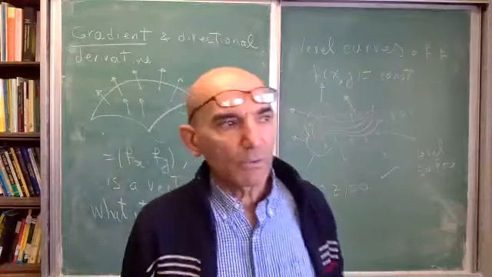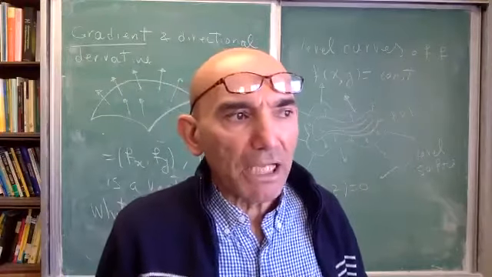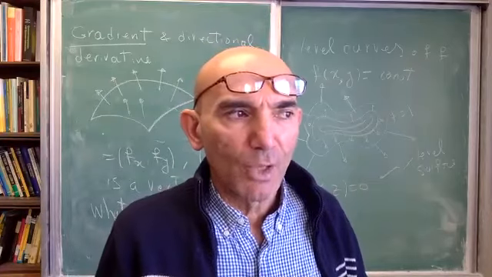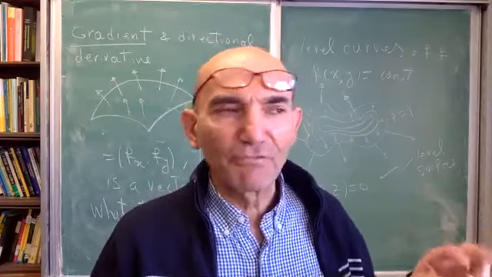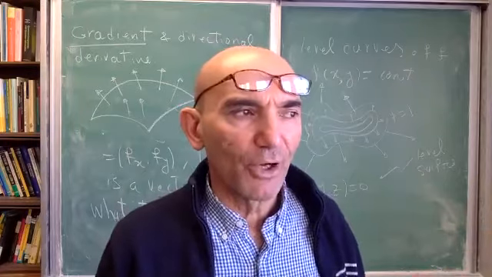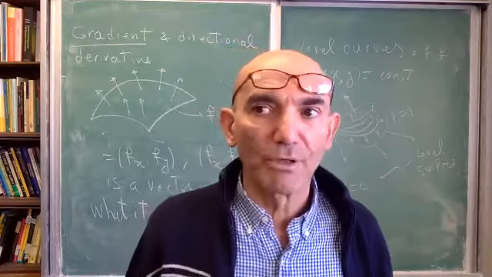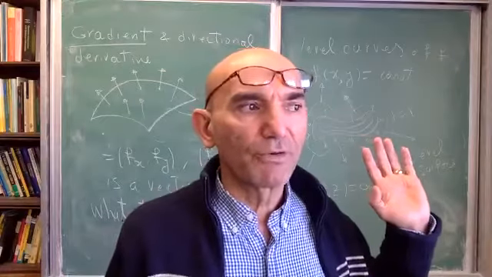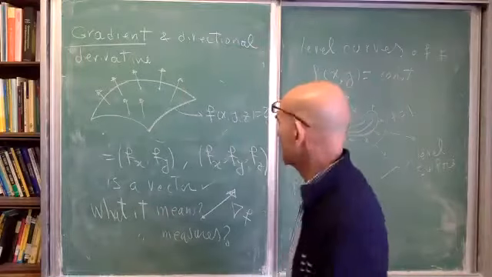So it loses its geometric meaning. Points where gradient is equal to 0 are very special, I wouldn't say singular, but critical points. And in fact, when you're maximizing or minimizing a function, you go to the points where gradient is equal to 0, right? That's how we solve this thing.